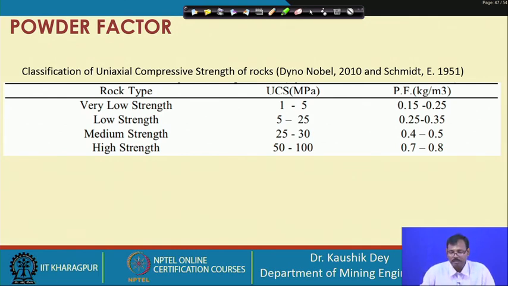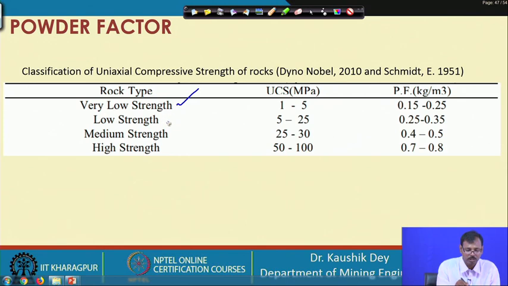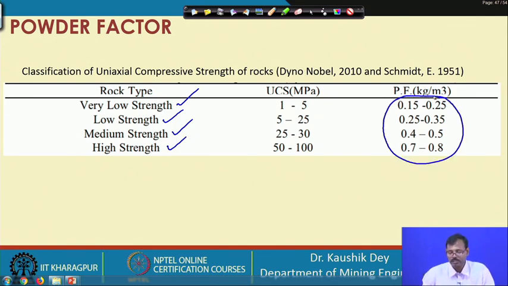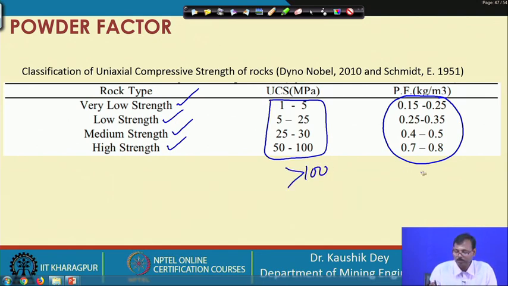Dyno Nobel and Smith in 1951 gave some idea about powder factors expressed in kg per cubic meter, that is, the charge factor for very low strength rock, low strength rock, medium strength rock and high strength rock. Low strength and high strength are expressed from 1 up to 100 MPa, and for greater than 100 MPa this may continue.